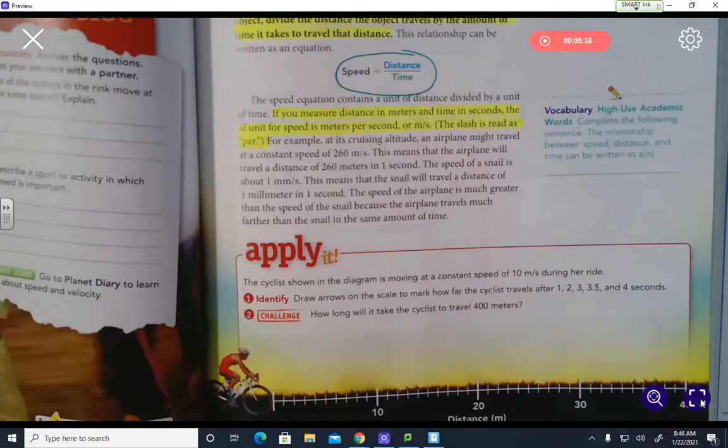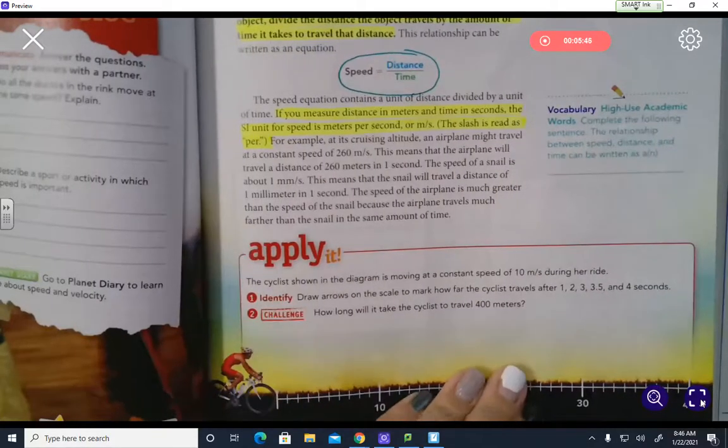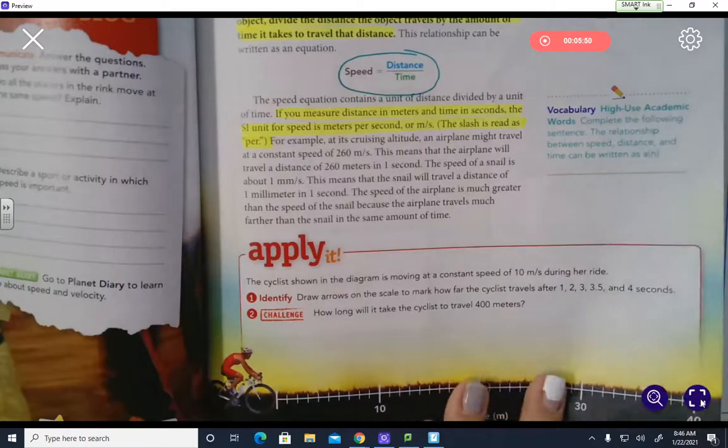And then the challenge question is how long will it take for the cyclist to travel 400 meters? When you're done with that, unpause the video and turn the page and continue on with us.